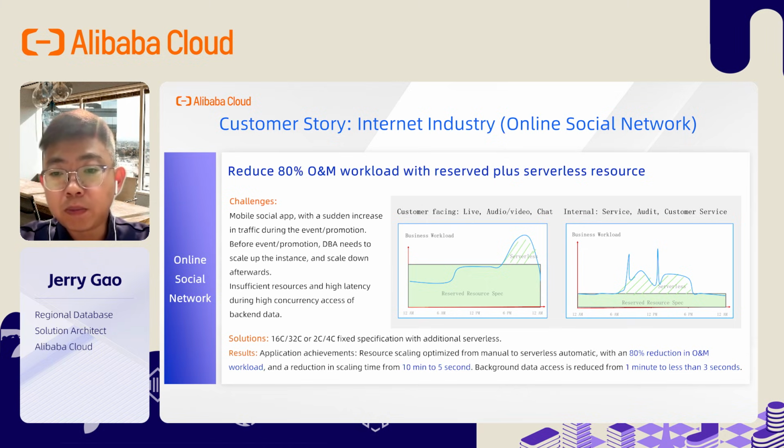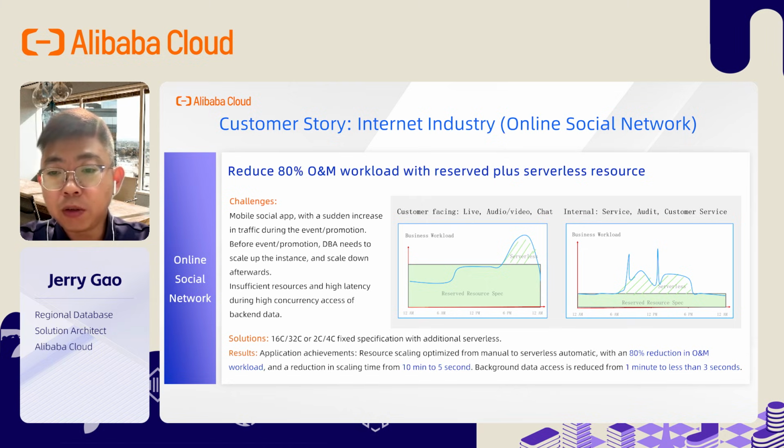And here is a customer from the internet industry. The customer is providing social network apps. The traffic of the app is always unpredictable. When there are events or promotion activities, the DBA team of the customer needs to evaluate the resources and scale up the instance and then scale down afterwards. By leveraging the serverless features, the customer just needs to keep the reserved resources.